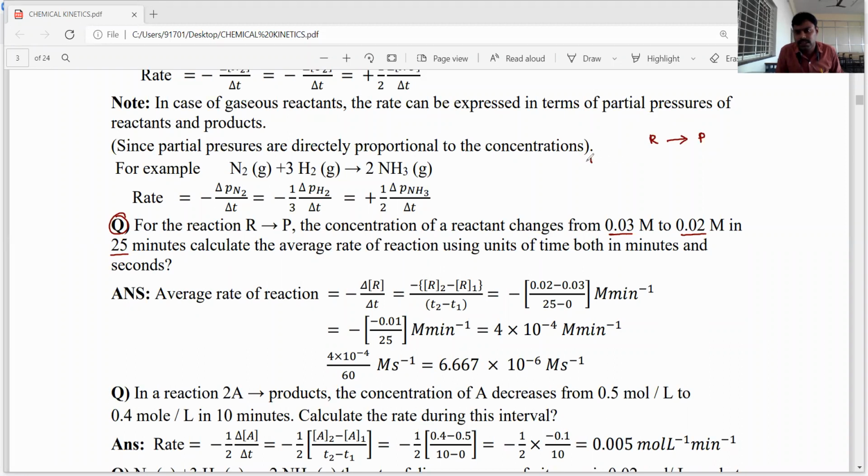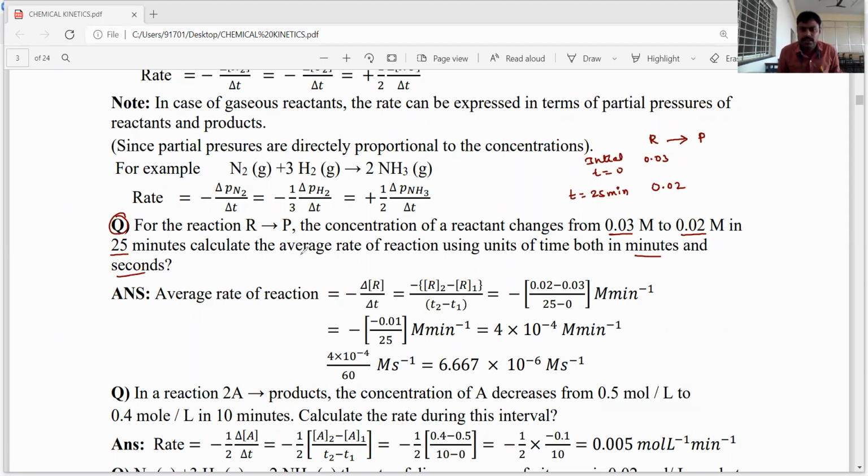So the initial concentration at time equals 0 is given as 0.03. At time equals 25 minutes, as time increases the concentration of reactants decreases, and 0.02 is present. Then we have to express the average rate of reaction with respect to reactants, in terms of minutes as well as in terms of seconds. Okay, dear students, so let's see this.